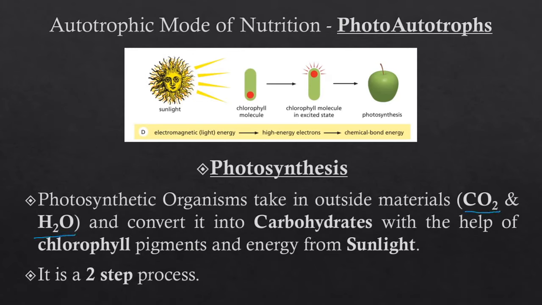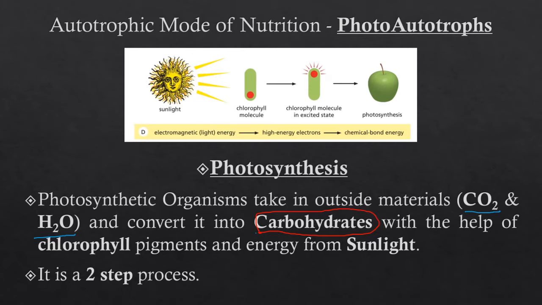So they will use the carbon dioxide and water, and they will convert it into a biomolecule. So what is the biomolecule? The biomolecule is the carbohydrate. Remember. So what are we doing? The plant is taking in the carbon dioxide and water and converting it into carbohydrates or the sugars, as you have seen earlier.